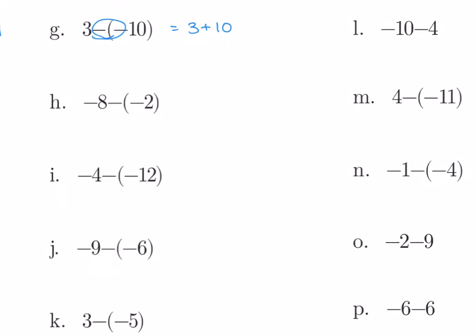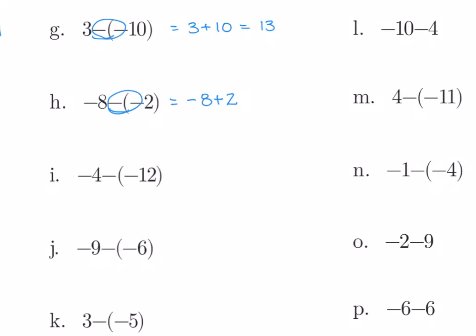From here, we're going to use our rules of addition. 3 plus 10, do we have same signs or different signs? We have same signs, so we are going to add and keep the sign. Example H. Again, I want to change minus a negative 2 into plus a positive 2.